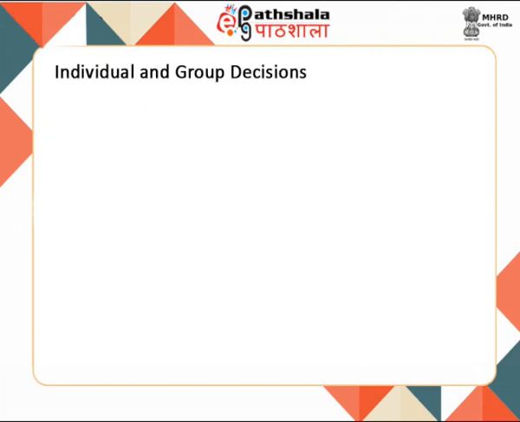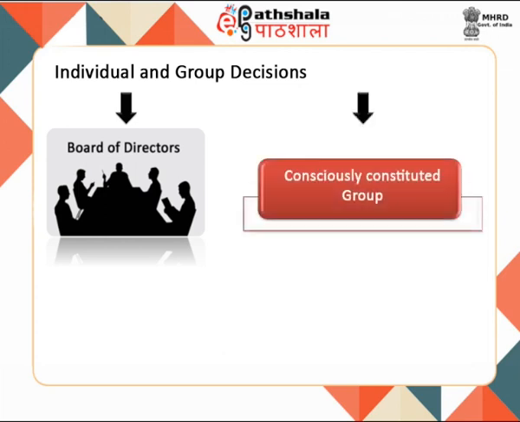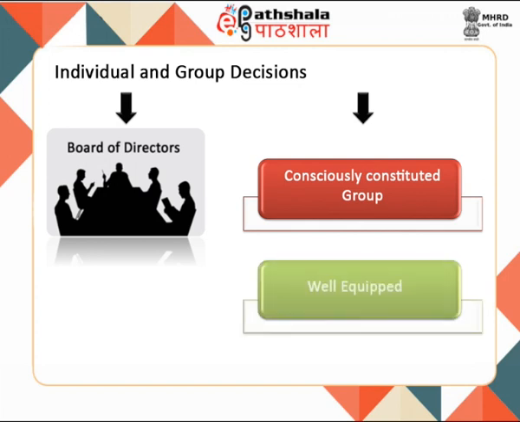Individual and group decisions. Individual decisions mean decisions made by an executive or board collectively. Group decisions are made by a team of consciously constituted group which is considered well equipped for taking a decision.